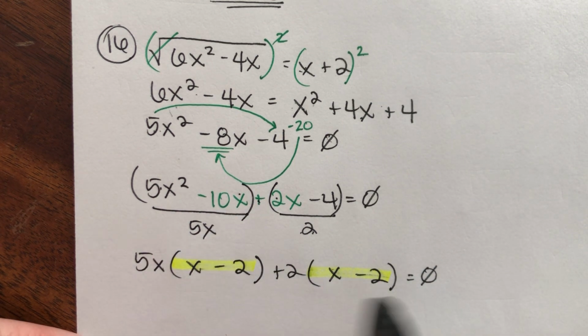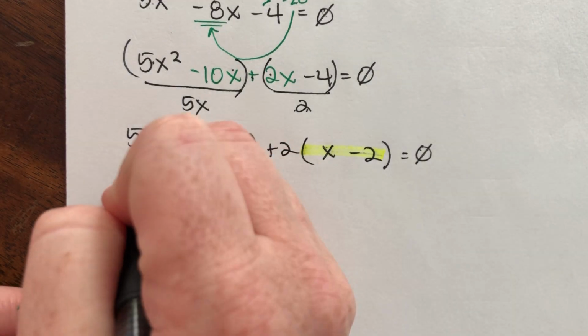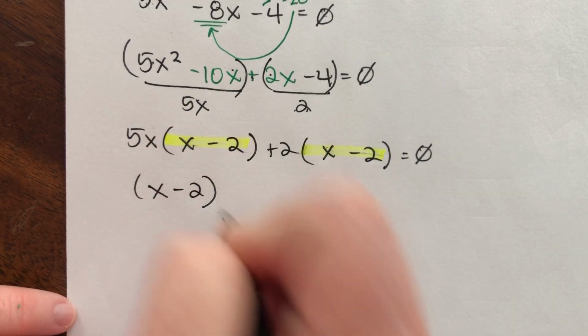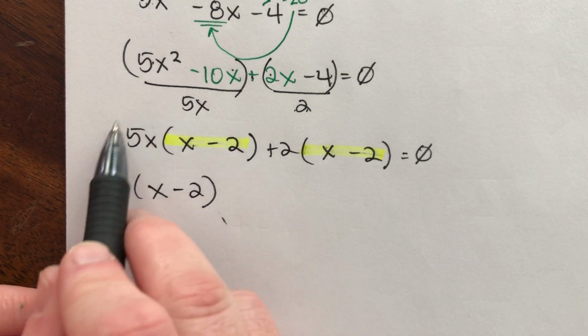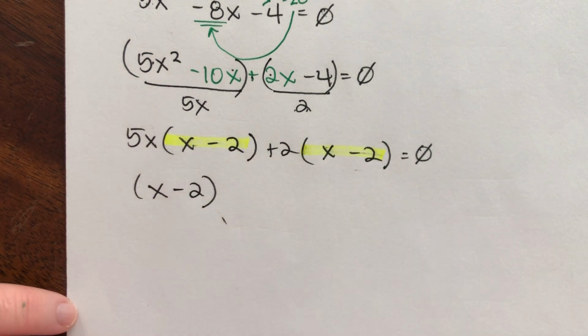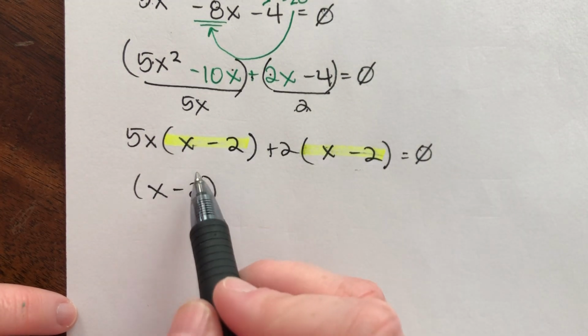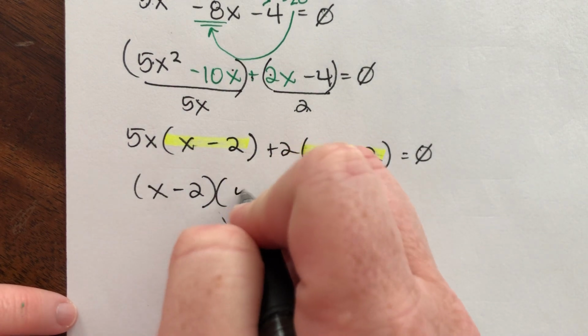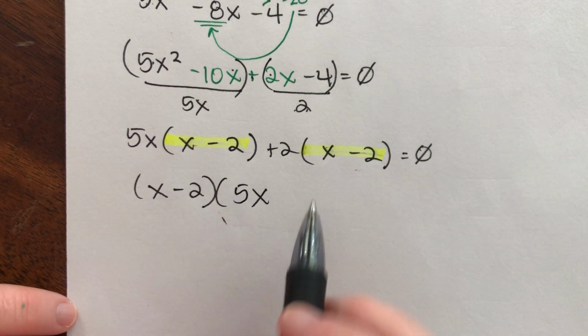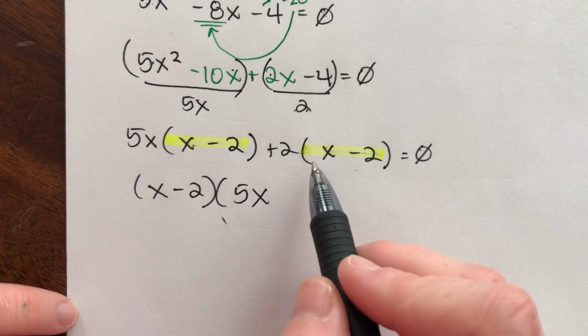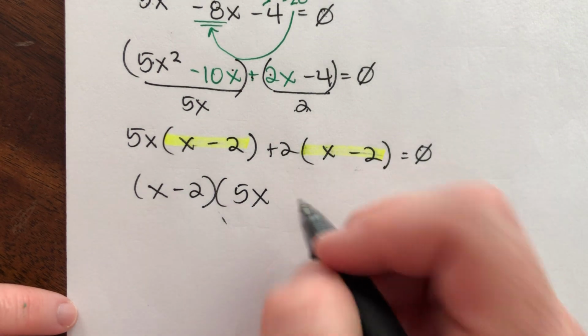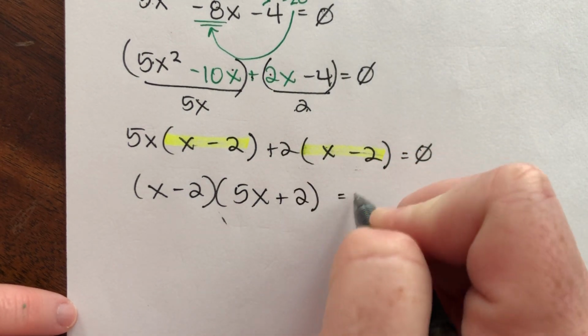So if I'm going to divide these by x minus 2, I'm going to rewrite it and put x minus 2 out front. And then after I divide each term by x minus 2, what's left over? Well, this cancels with this, and I'm just left with 5x. And then in the second term, this cancels with x minus 2, and I'm just left with positive 2.